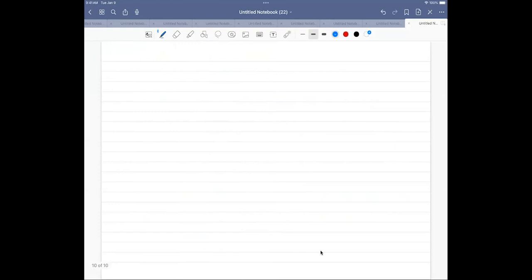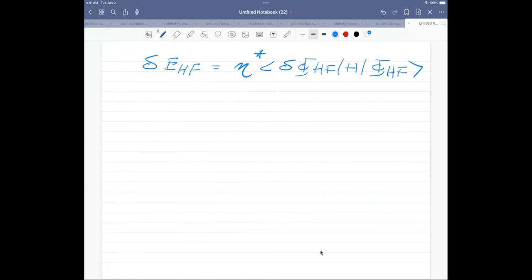So what we want now is that this delta E Hartree-Fock, which is given by these two terms, eta of delta phi Hartree-Fock of H of phi Hartree-Fock plus this parameter eta here of phi Hartree-Fock of H of delta phi Hartree-Fock, where H is the Hamiltonian, should be equal to zero.